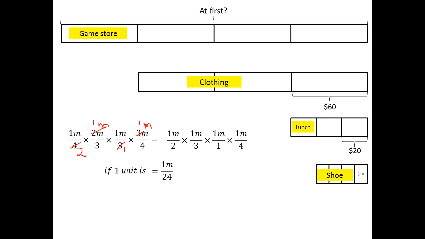So 1 unit equals 1M per 24. 1 times 1 times 1 times 1 is 1. 2 times 3 is 6, times 1 is 6, times 4 is 24. So if 1 unit equals $10, then all 24 units equal 24 times 10, 240.